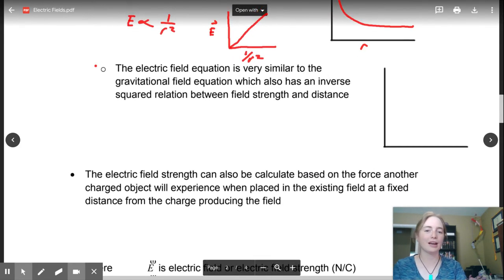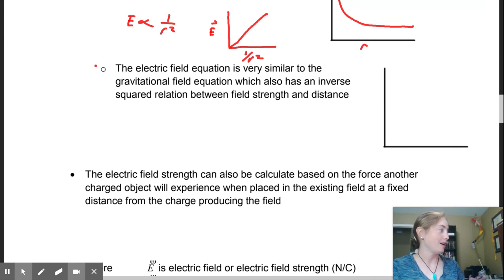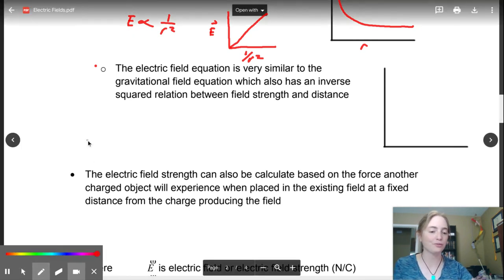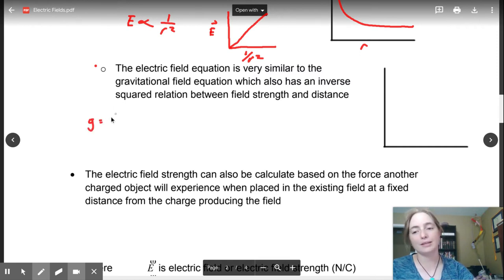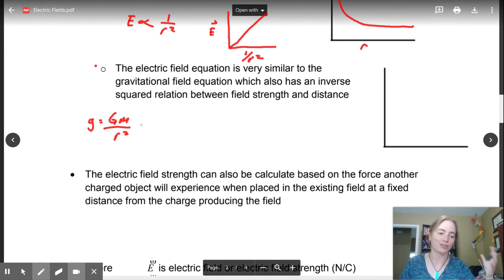So, ladies and gentlemen, remembering back to last year, we've got your gravitational field. Very similar equation. You've seen that equation before, and if you weren't able to get all of this super well because of the shutdown last year, you can go back onto my YouTube channel and rewatch that video lesson, or come see me in Focus and we can get you caught up if any of this is causing you grief.